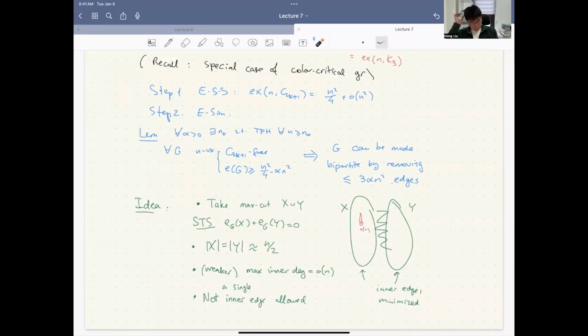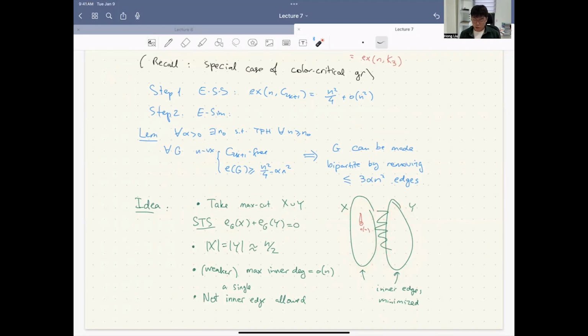So the idea is we start with a max cut. What does max cut mean? That means the number of cross edges is maximized. Then what we can use about this information is that the number of edges inside is at most 3 alpha n squared, right? There are not so many edges inside, because max cut is the one that is closest to editing it to bipartite.